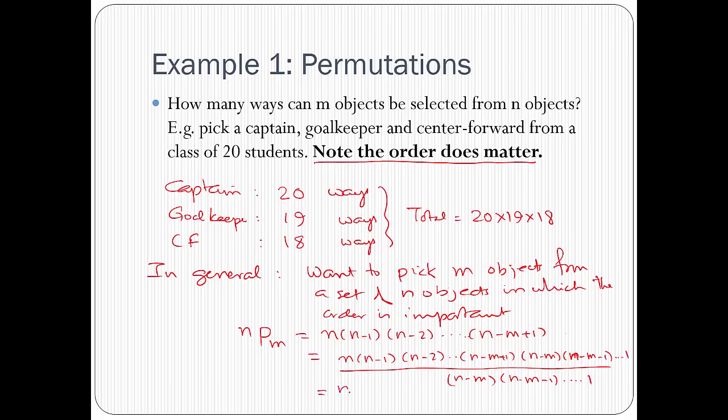So the numerator is simply n factorial now, and the denominator is n minus m factorial. So in MATLAB you could say the answer is factorial n divided by factorial n minus m.